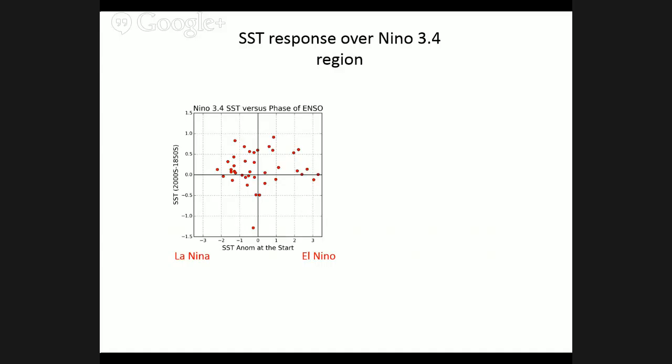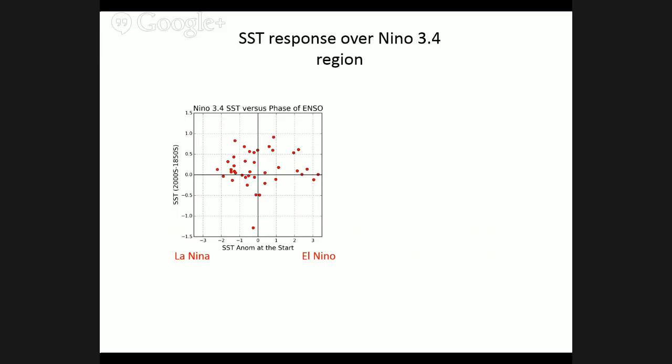So what I've done here is I have scattered the average response. This is the difference between those two curves on this axis, averaged over 1 year. And this is what my SST anomaly was at the start. Most of the dots you see are when my starting condition was already in an El Nino state versus the La Nina state. First thing is you don't see any clear difference between La Nina versus El Nino.